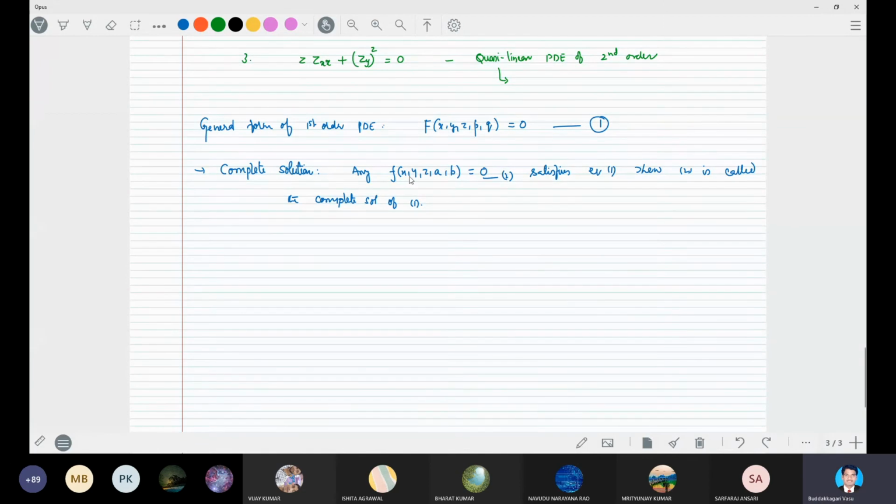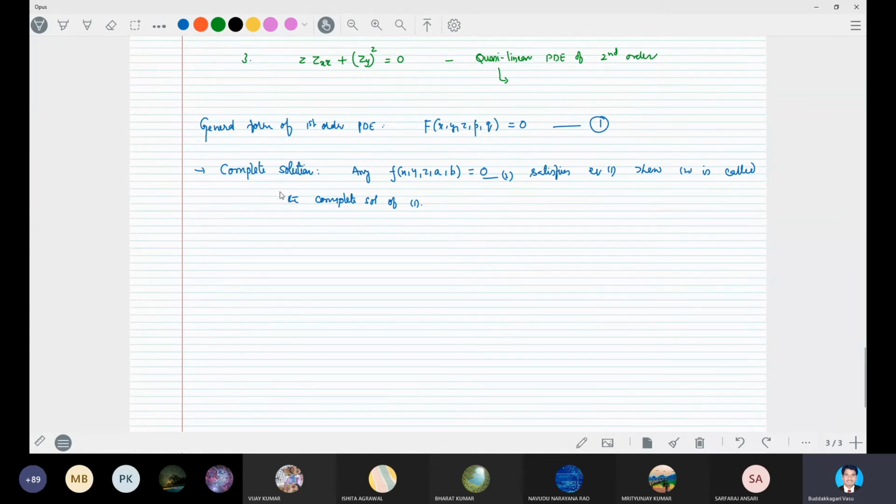Complete solution, or complete integral, or primitive of a first order differential equation. Complete solution means the relation which involves the arbitrary constants and satisfies the first order PDE, whatever the PDE is, it is said to be the complete solution.